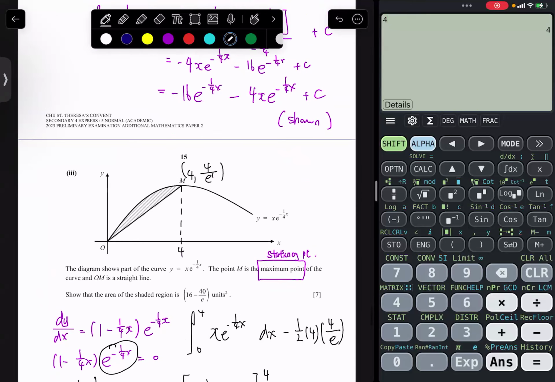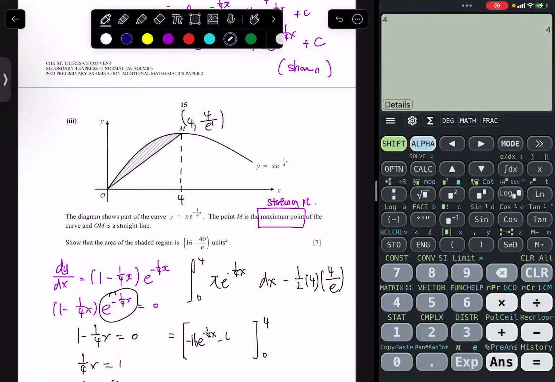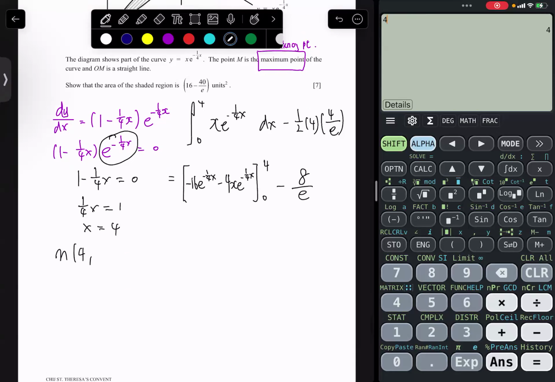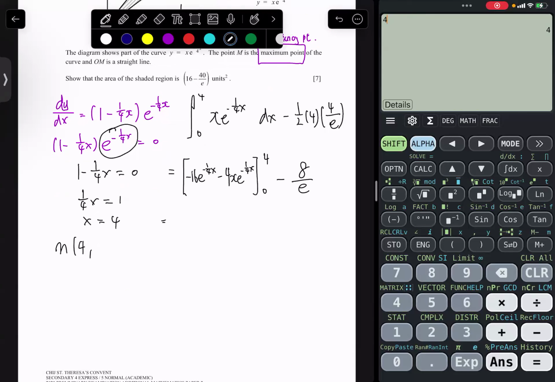The plus c is not important. Minus half times 4 times 4 over e, which is 8 over e. So subbing in 4 and 0.